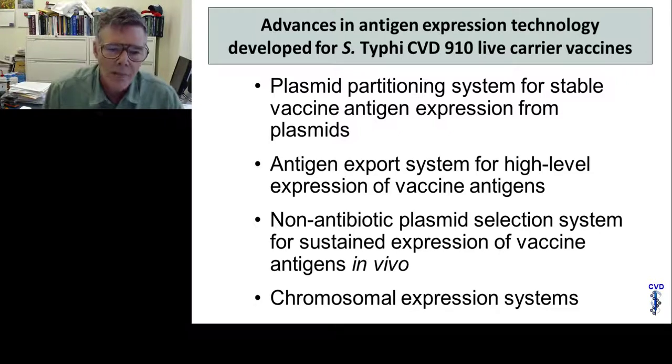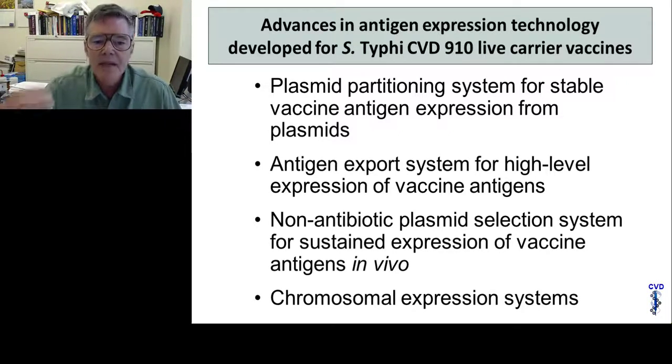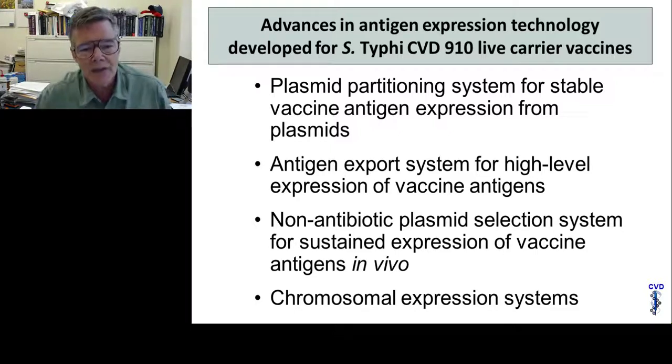Well, you can't use antibiotics in an oral vaccine intended for human administration, especially if you're trying to combat an antibiotic-resistant pathogen. So you have to develop a plasmid selection system that no longer uses antibiotics. And that took some time.